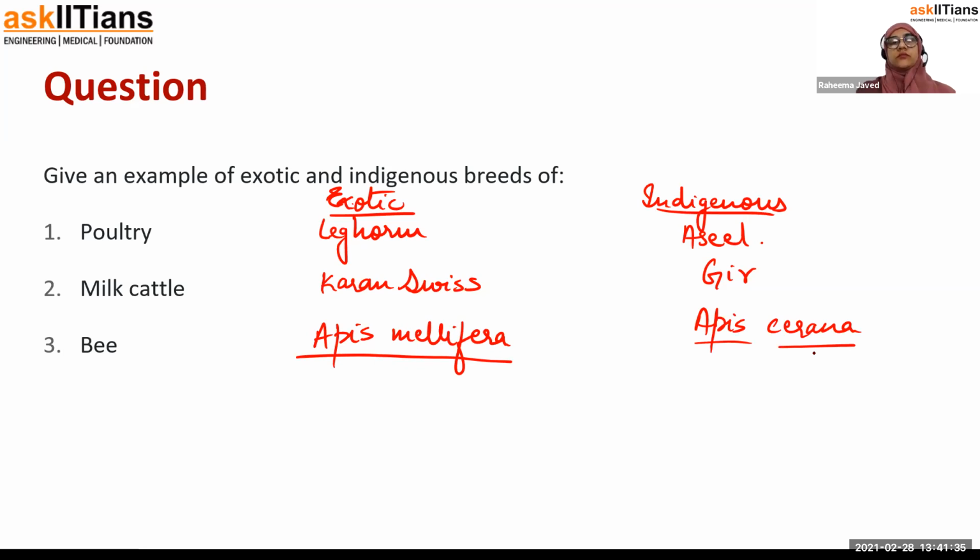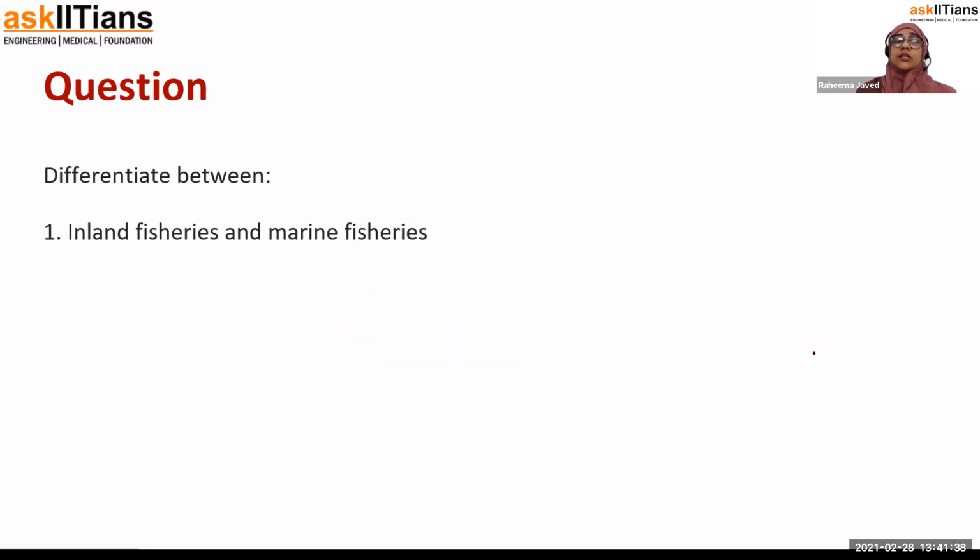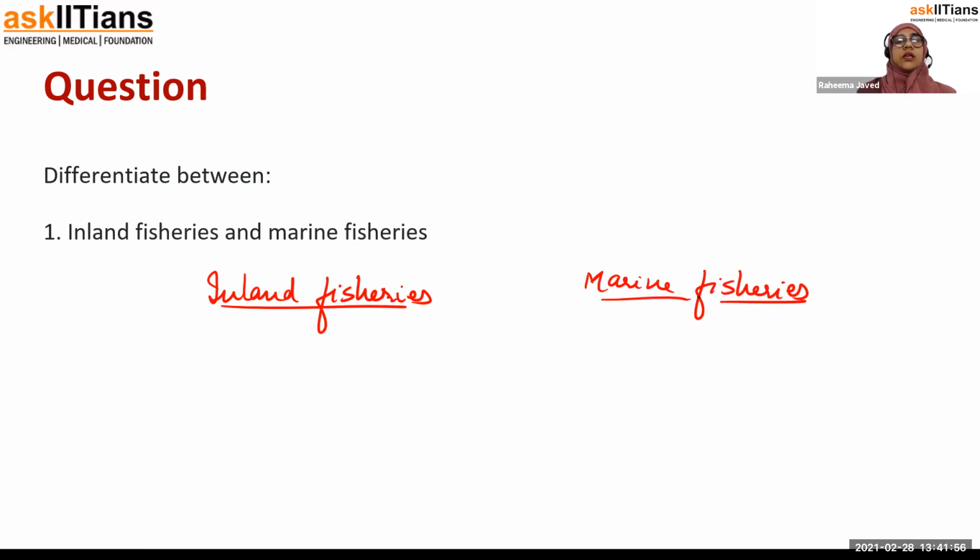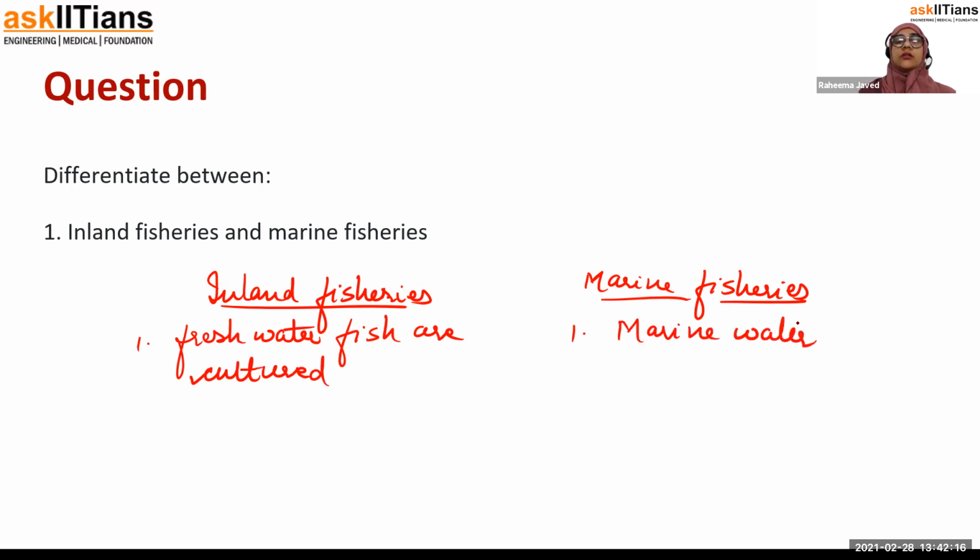Okay. Here we have to differentiate between inland fisheries and marine fisheries. So I'm going to make two columns, one for inland fisheries and one for marine fisheries. Okay, in inland fisheries, freshwater fishes are cultured. In marine water, marine water fish are cultured.